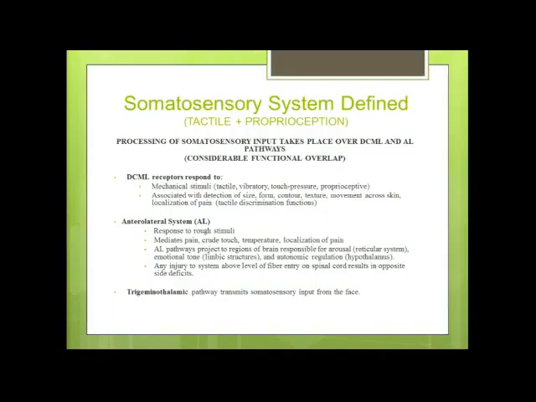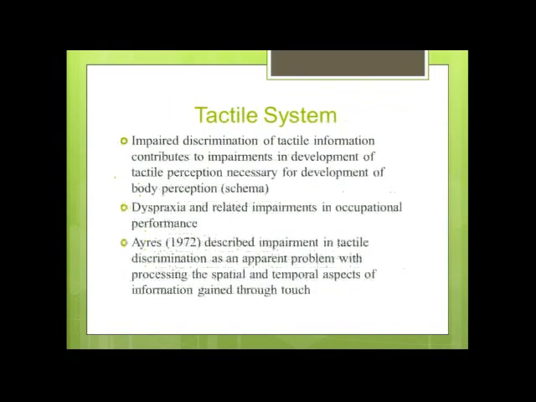And then trigeminothalamic is the system that processes tactile and proprioceptive information from the head and face. Both the DCML and the AL systems carry both discriminative and evaluative information, but they each have their more primary function.